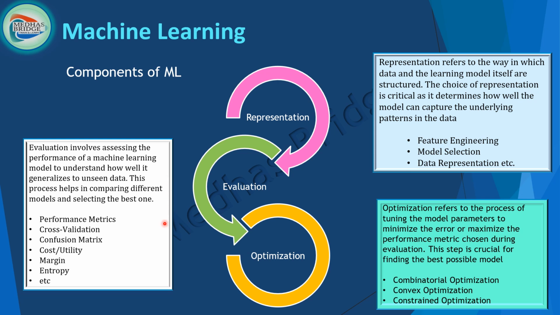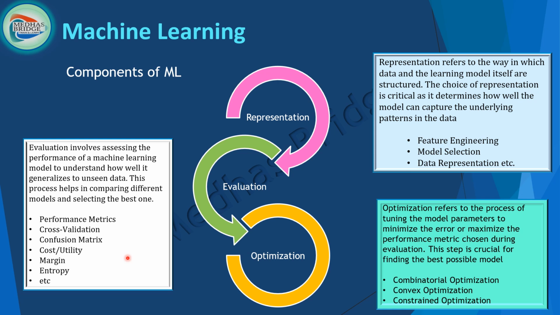The process helps in comparing different models and selecting the best one. Few takeaways in this process are performance metrics, cross validation, confusion matrix, cost and utility, margin, entropy, and so on.